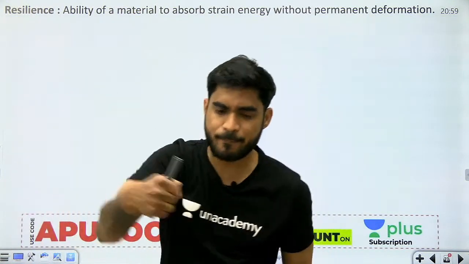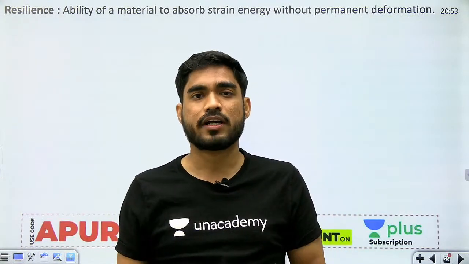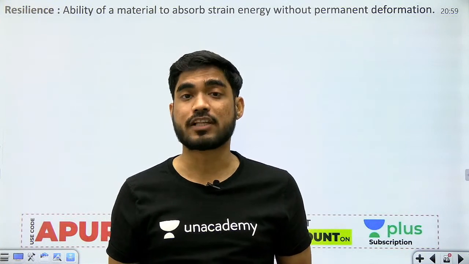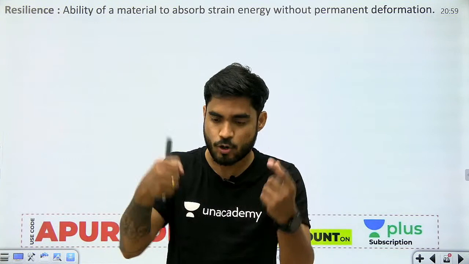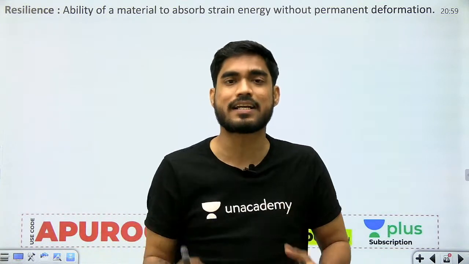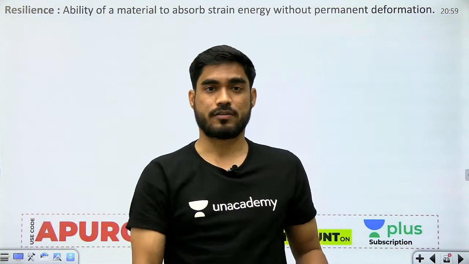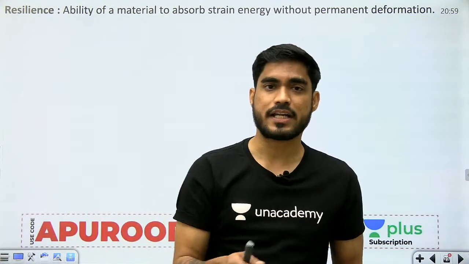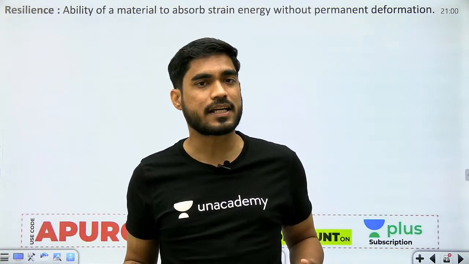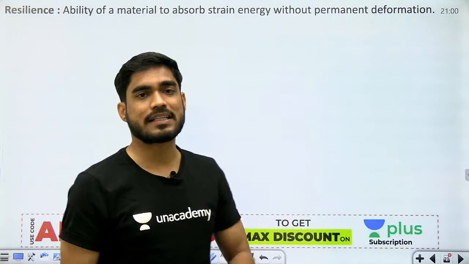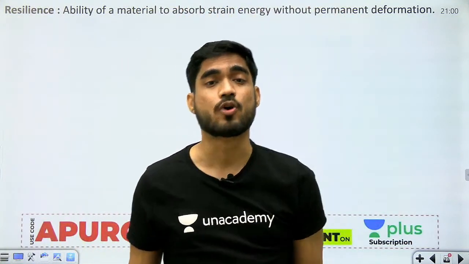Now in case of impact load, if you want the material to sustain the load, it should absorb the energy of the load. When you are hammering a body, you are providing some energy. So if it absorbs all that energy, it will sustain the load. So beta, this property is important in case of impact loading.